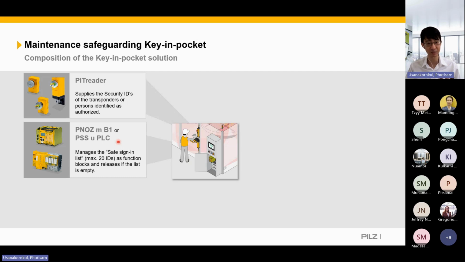It could be our safety small controller, PNOZ multi, or our safety PLC, PSS 4000 right here. Okay. And once again, it's up to maximum of 20 users in the list, right? So at one point in time, maximum of 20 users can be put in the sign-in list.